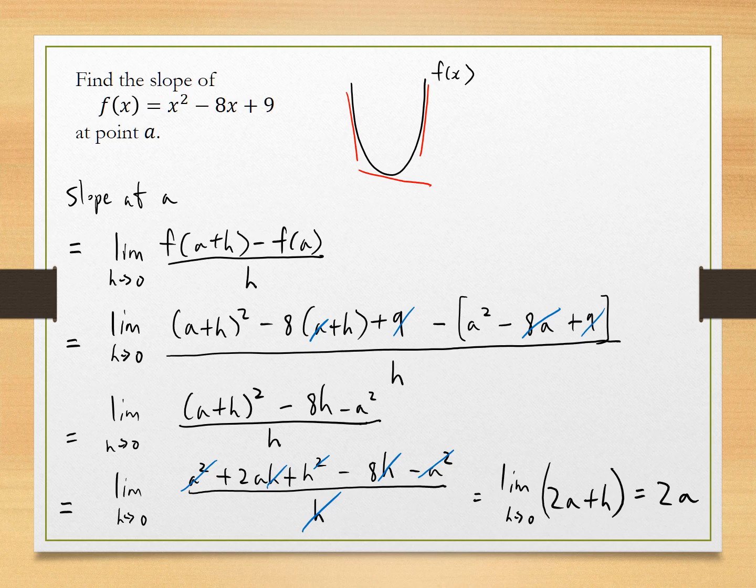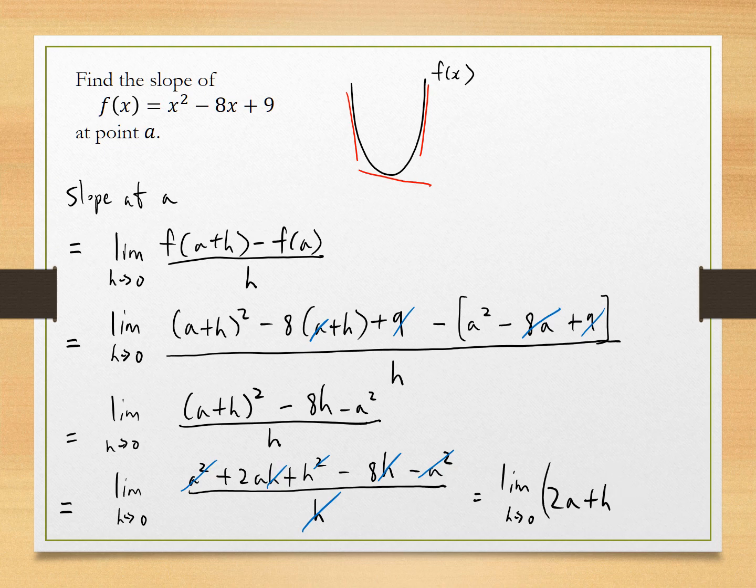Wait, it shouldn't just be 2a, right? Let's see, what did I cancel out? What did I do wrong? There should be an 8 here. Yes, that's right.